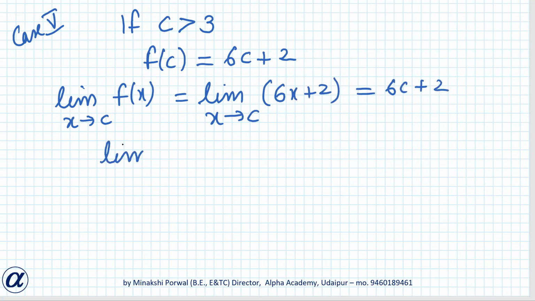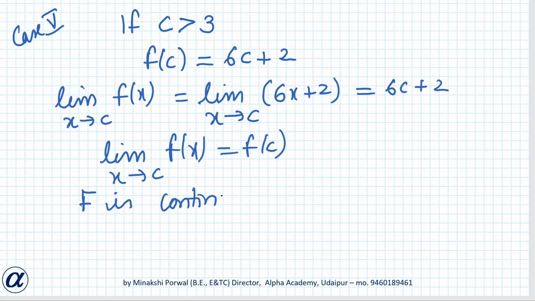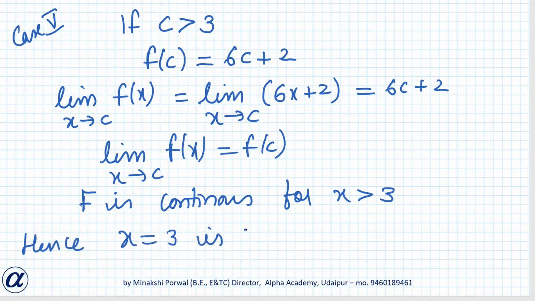So the limit as x tends to c of f(x) equals f(c). Therefore f is continuous for x greater than 3. So hence x equals 3 is the only point of discontinuity for the function.